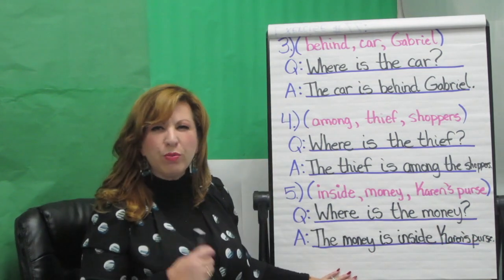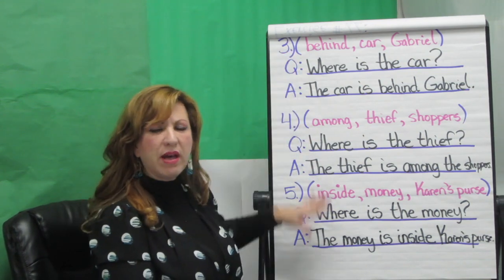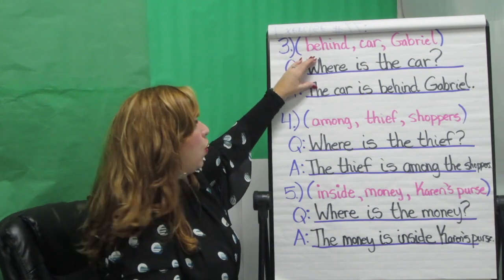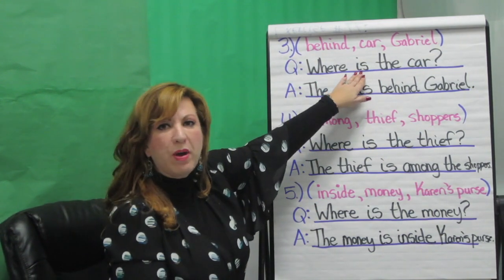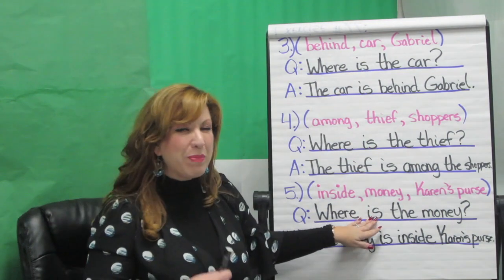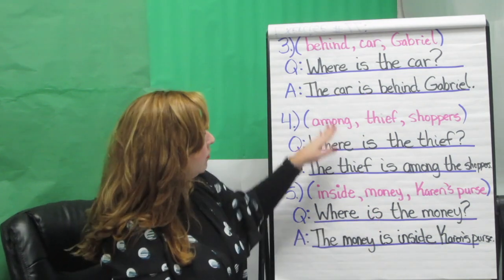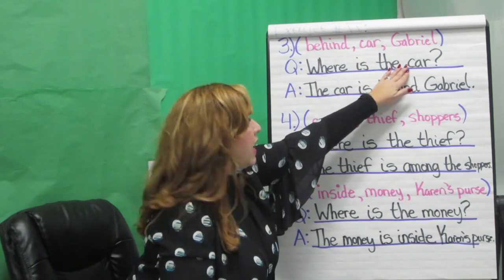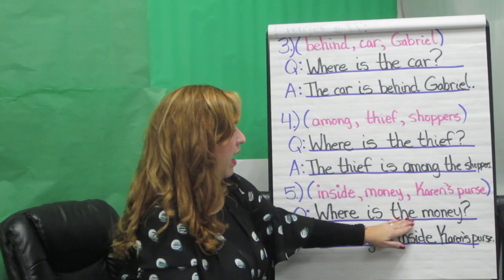And now, before you move on to work on your own, let's see what patterns we see just among these exercises. We always began with our question word where, and it was always followed by our helping verb is, because they are singular. Now remember, that could be different if our noun is plural. It would be are. Where is the car, the thief, the money.